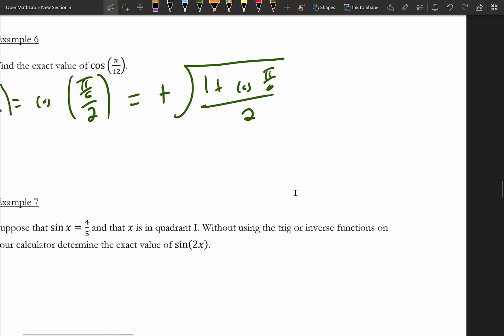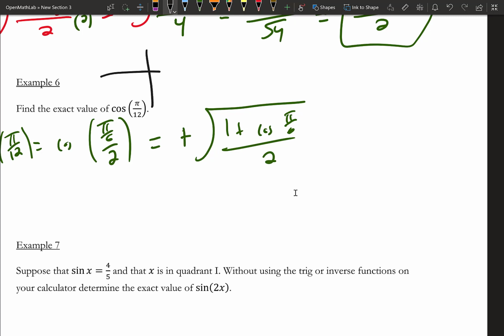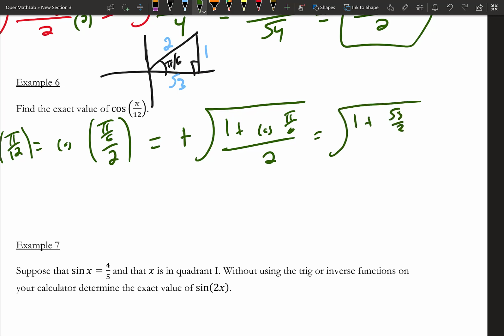So then cosine of pi over 6. If you need to, draw it real quick. Pi over 6 would be here, so this side would be 2, this would be radical 3, and this would be 1. So cosine of pi over 6 would be radical 3 over 2. This would equal the square root of 1 plus radical 3 over 2 all over 2.